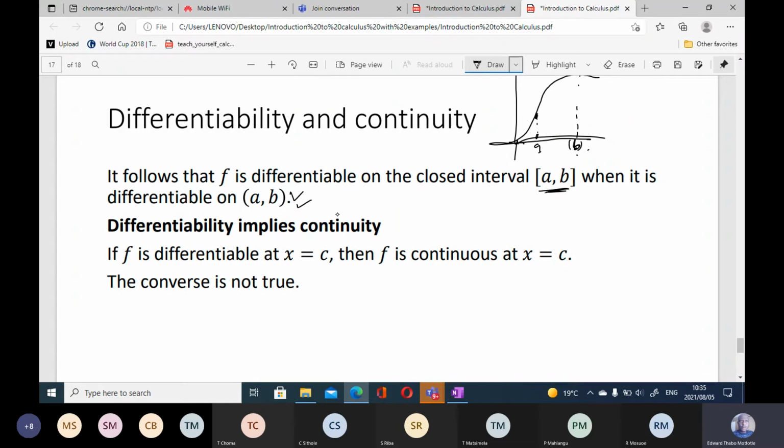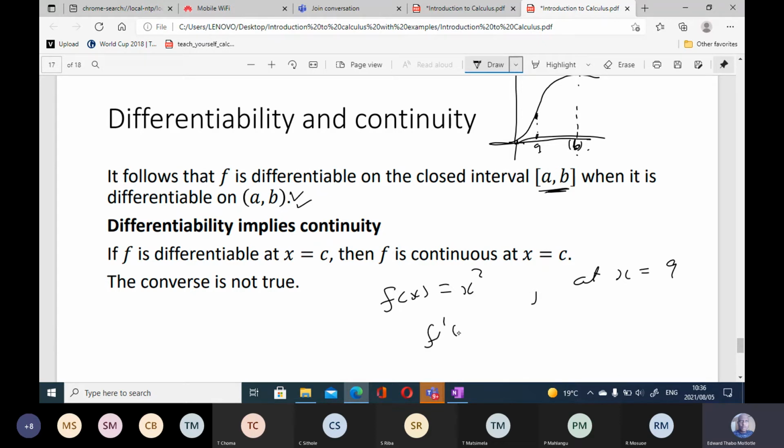So wherever you are able to differentiate a function, it means that the function that is given to you is continuous at that point. So let's say I give you f of x equals x squared, and then I say differentiate this function at x equals 9.